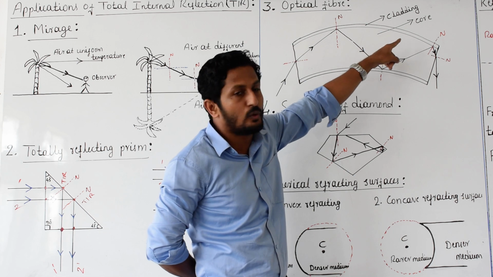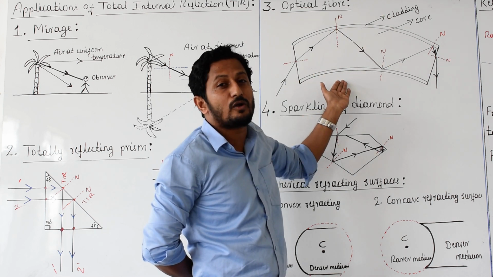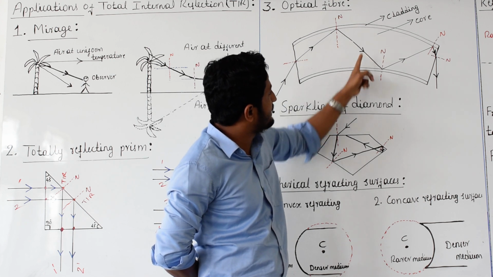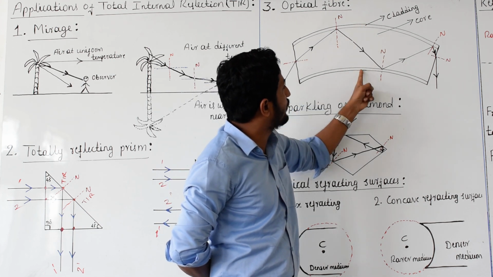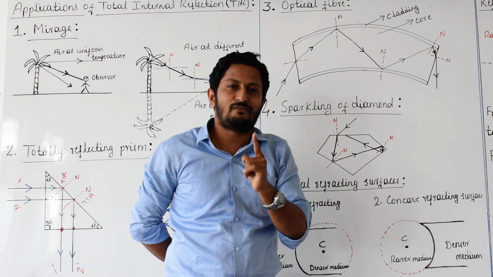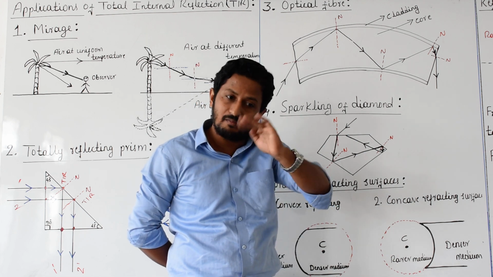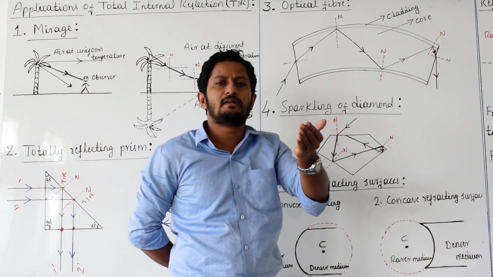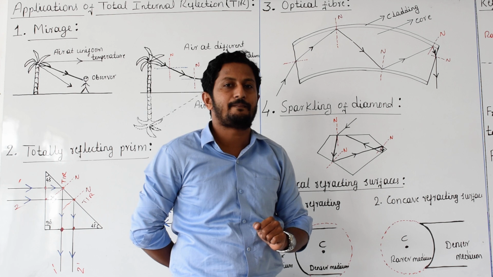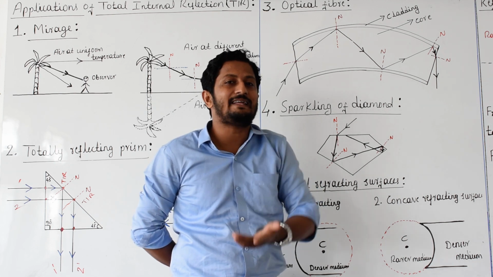Inner one is the core, and the outer on both top and bottom, here and here, we call the cladding. I mean the optical fiber is made with two media, inner medium and outer medium. They are different media.